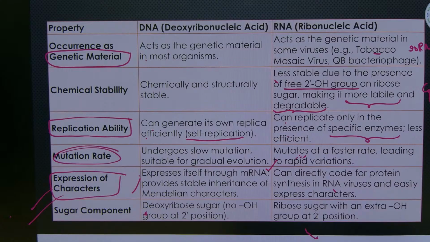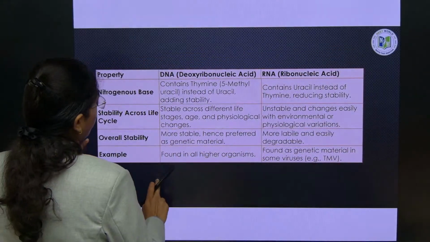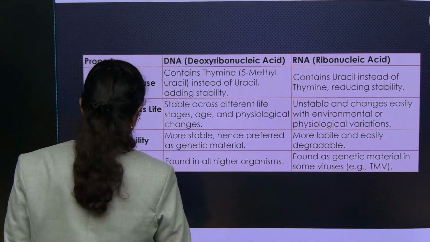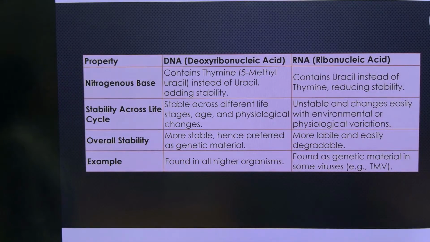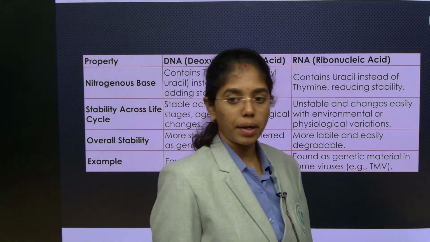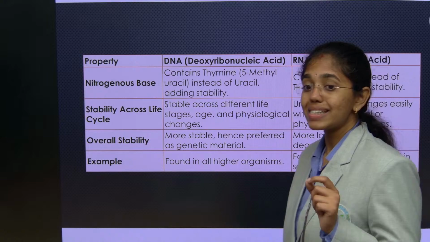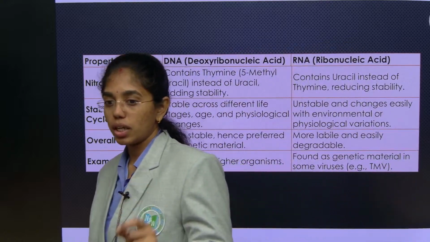Any doubt? Done? Now, a few more differences. Nitrogen base. We know purines are common in both RNA and DNA. Adenine and guanine are present. But when it comes to pyrimidines, cytosine and thymine are present in DNA.